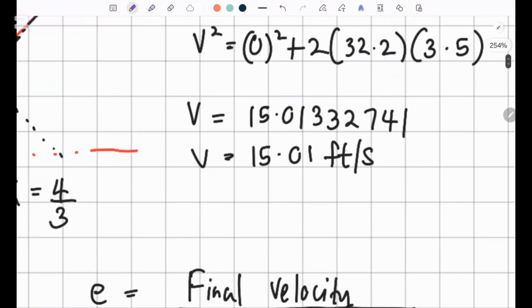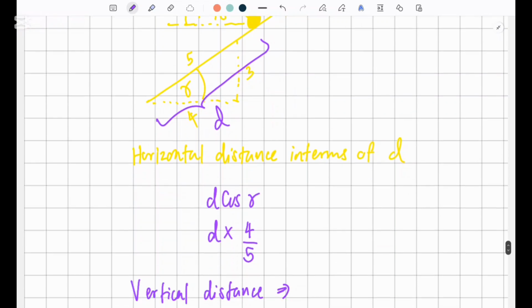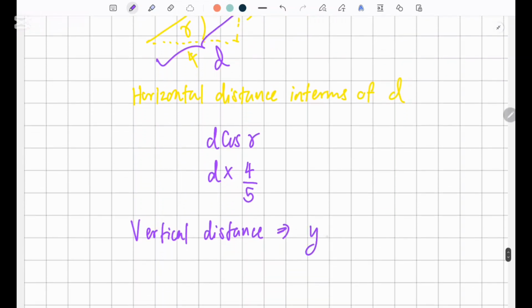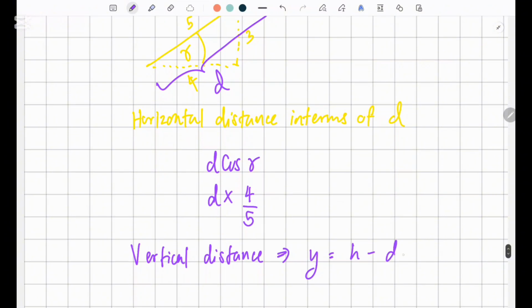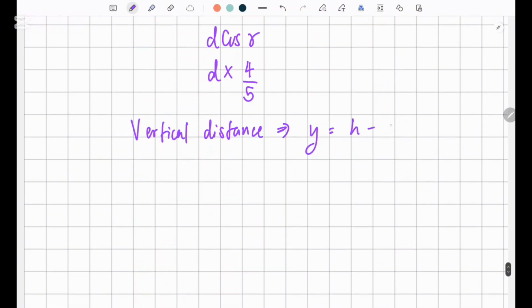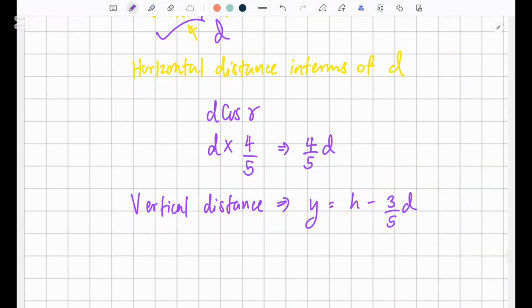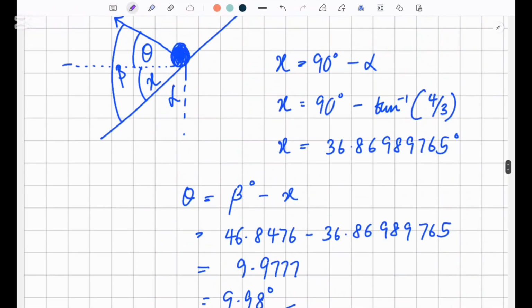So you could write distance Y equals H minus D sine gamma. Sine gamma is 3 over 5, so 3 over 5 D. This is 4 over 5 D. So now let's consider a horizontal distance.